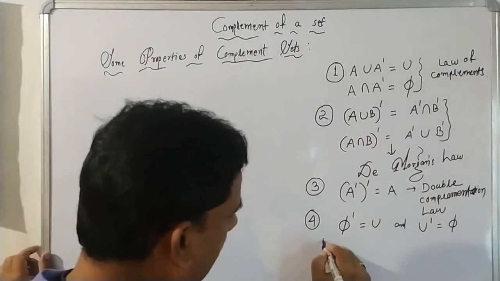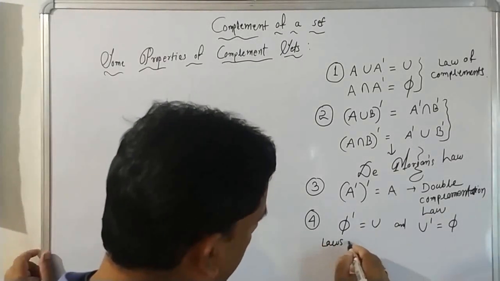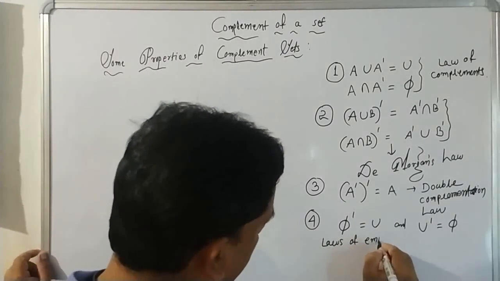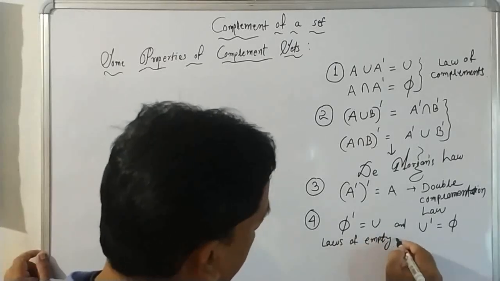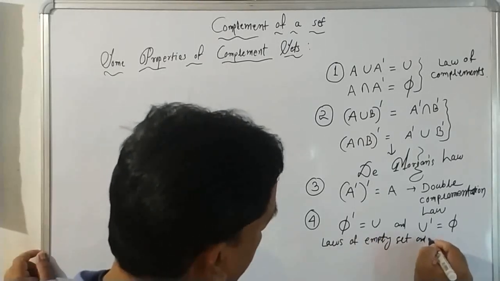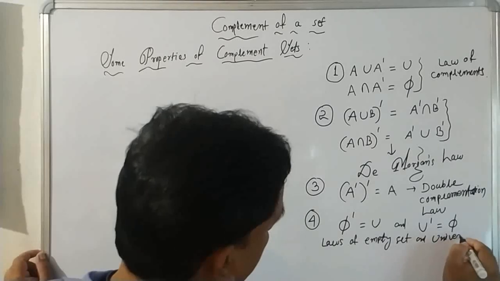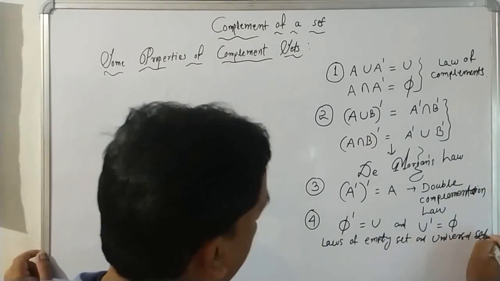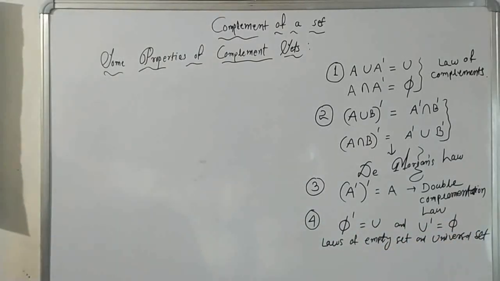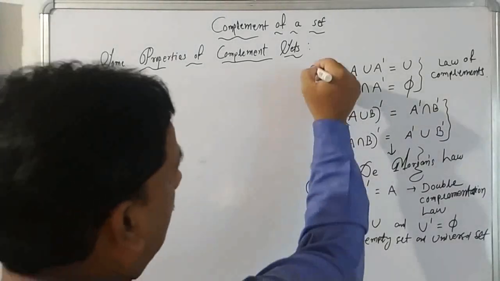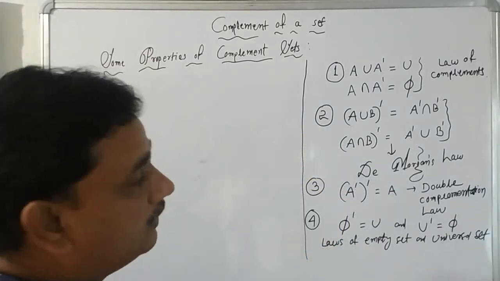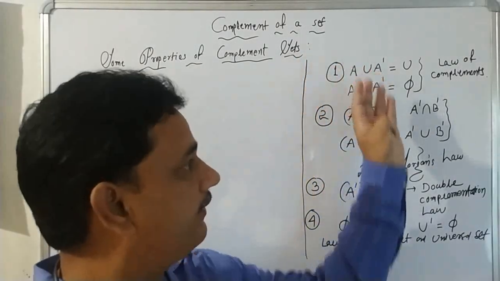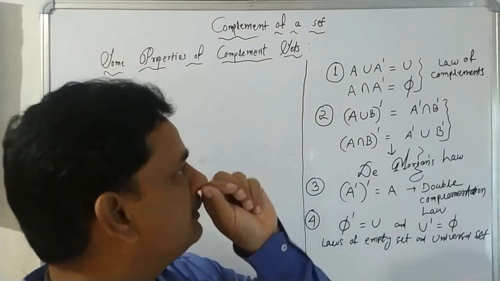This is called the laws of empty set and universal set. Now we'll derive all these by using diagrams.